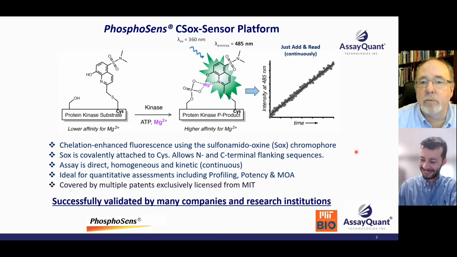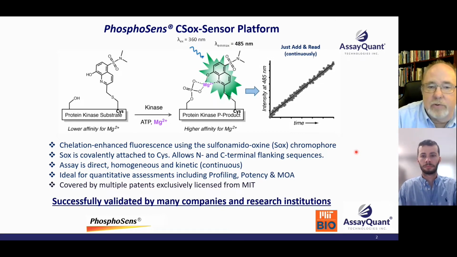With that, I want to review the assay platform that we use at AssayQuant, the PhosphoSens technology. This assay depends on peptide substrates where we have linked a fluorophore within 2 to 5 residues of the actual phosphorylation site on the peptide substrate. These peptide substrates are otherwise fairly biologically relevant.